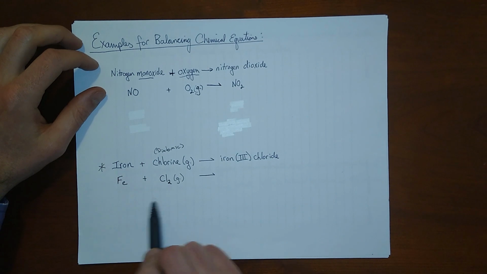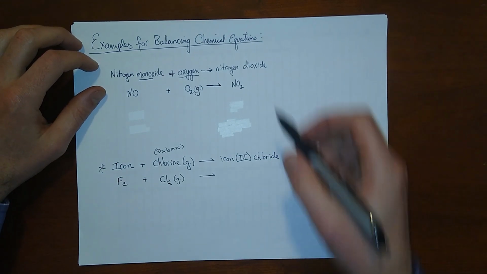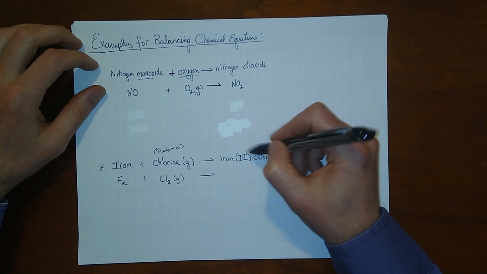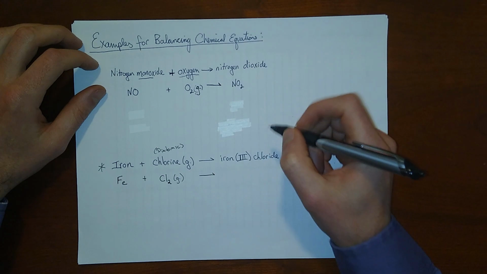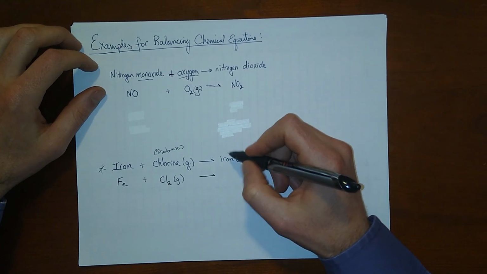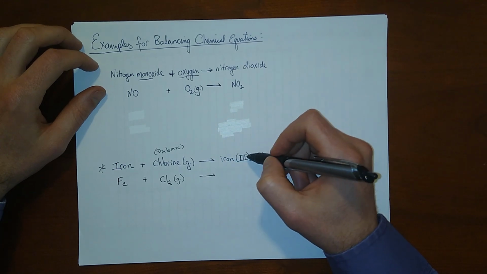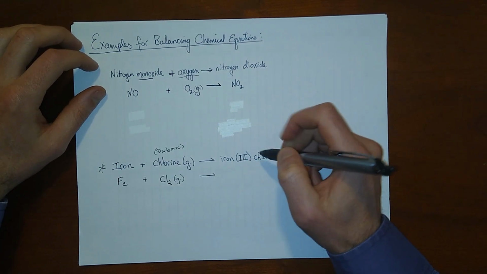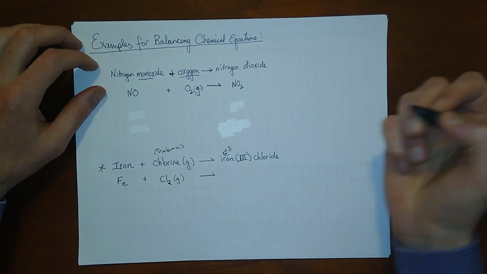And when I react these two elements, when they combine, I get iron chloride. And this is iron 3 chloride. So remember what this 3 means in the Stock system. This 3 is telling us that the iron ion, the metal ion here, has a 3 plus charge. So it's Fe 3+.